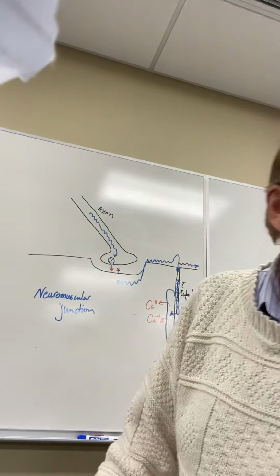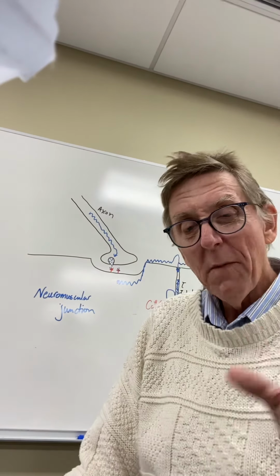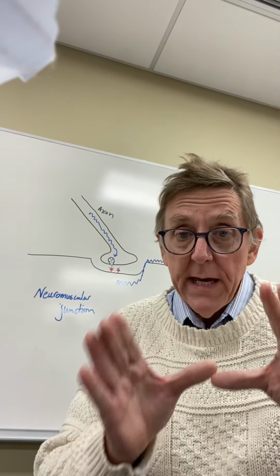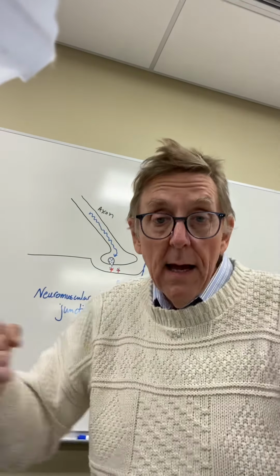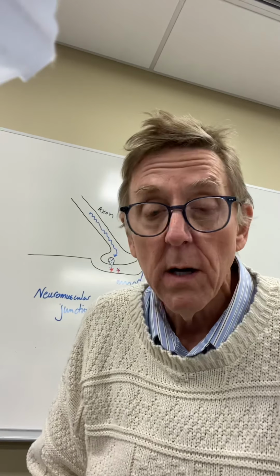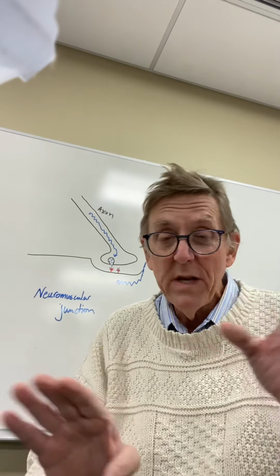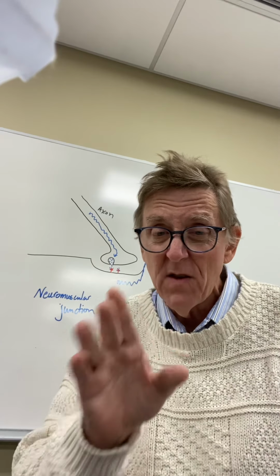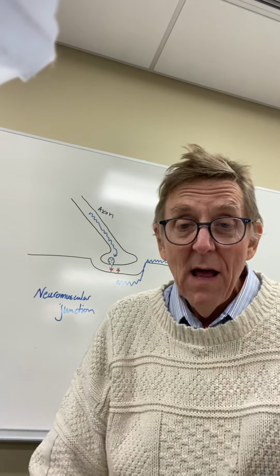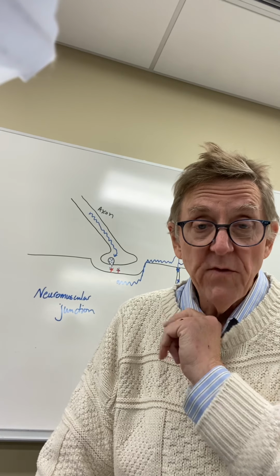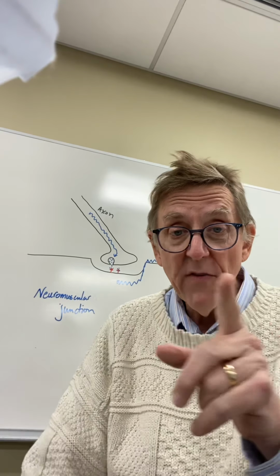So, all right. At this point, we were getting ready to talk about the power stroke, right? We were getting ready to talk about the power stroke, and then we diverged just a little bit to talk about how there are multiple neurons controlling any given muscle.